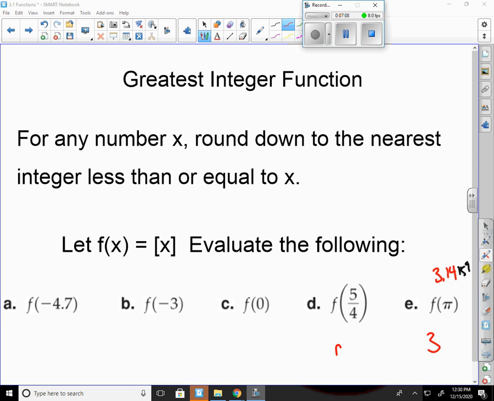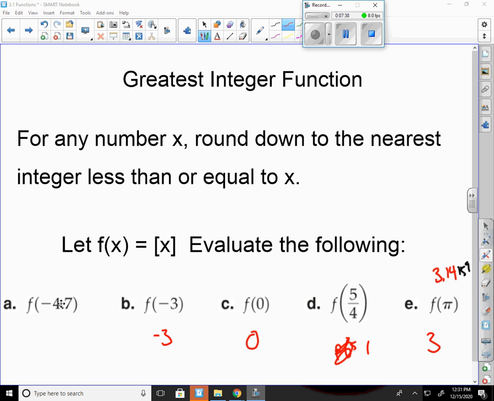That rounds down to 1. What about 0? What does 0 round down to? It's 0. It's already an integer. What about negative 3? It stays negative 3 because a negative is still an integer.